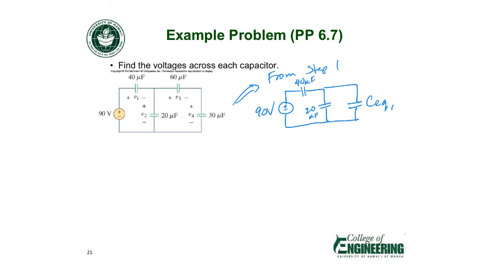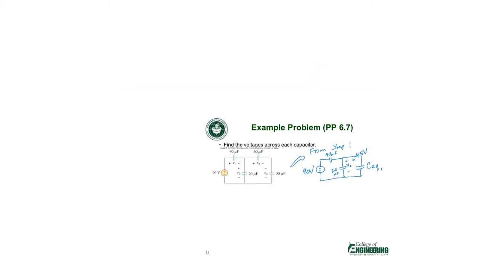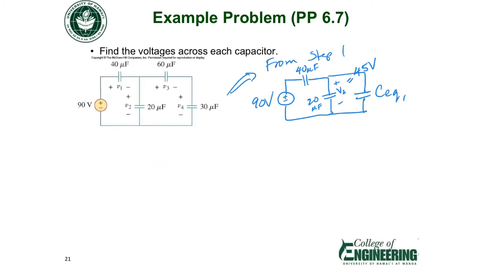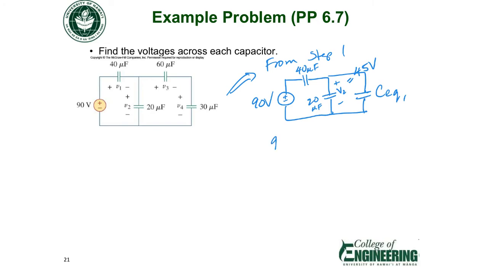Okay, we solved for V2, which was 45 volts. What's the voltage across CEQ1? 45 volts. It's in parallel to the 20 microfarad capacitor, so the voltage across CEQ1 will also be 45 volts. Okay, so let's figure out the charge on CEQ1. So we know the voltage across it is 45 volts.